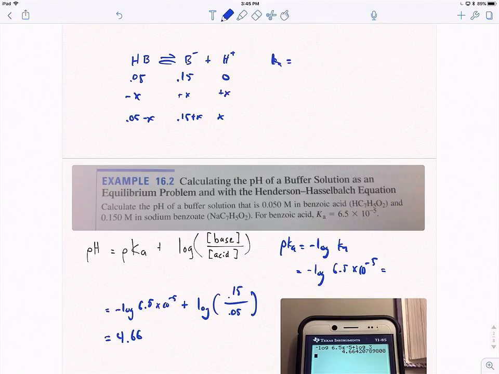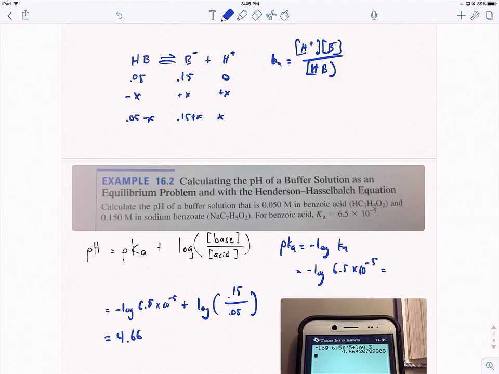The Ka is going to be the hydrogen ion, benzoate anion over that, and then solve it all out, disregard the x's and the other thing.